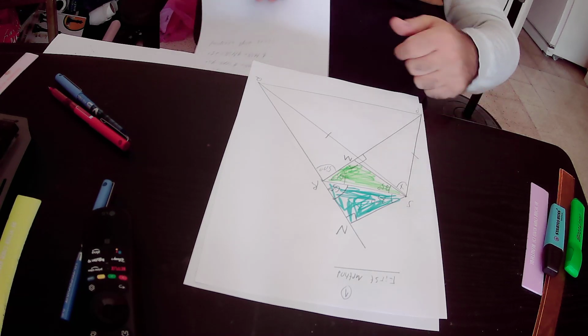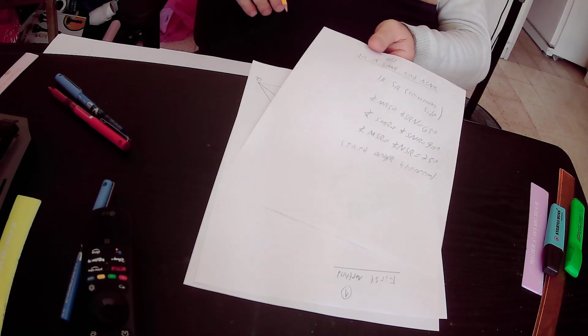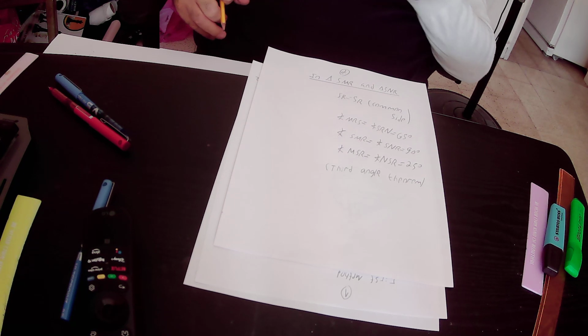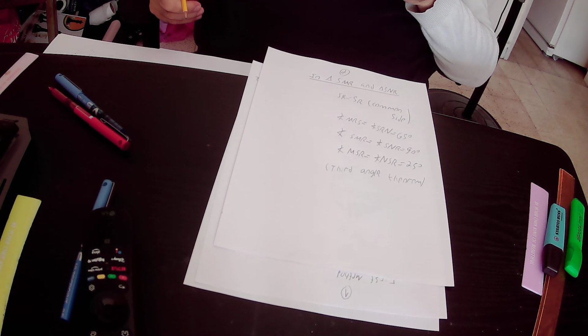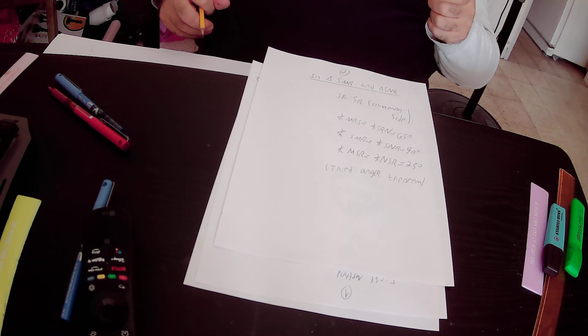Okay, so we have the third angle theorem that states that if you have two angles in one triangle that correspondingly equal two angles of another triangle, then the third pair of angles must also be equal in both triangles.